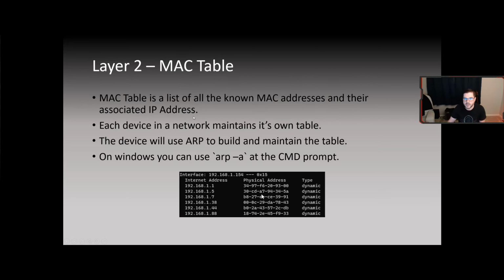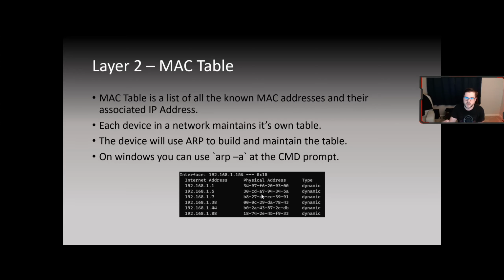Each device on the network maintains its own MAC table, and they build it using ARP, or Address Resolution Protocol. I'm not going to go too much into that because it's another big topic, but basically, when you connect to the network, it broadcasts and says, here I am, here's my MAC address, and everybody will document it and hold it.